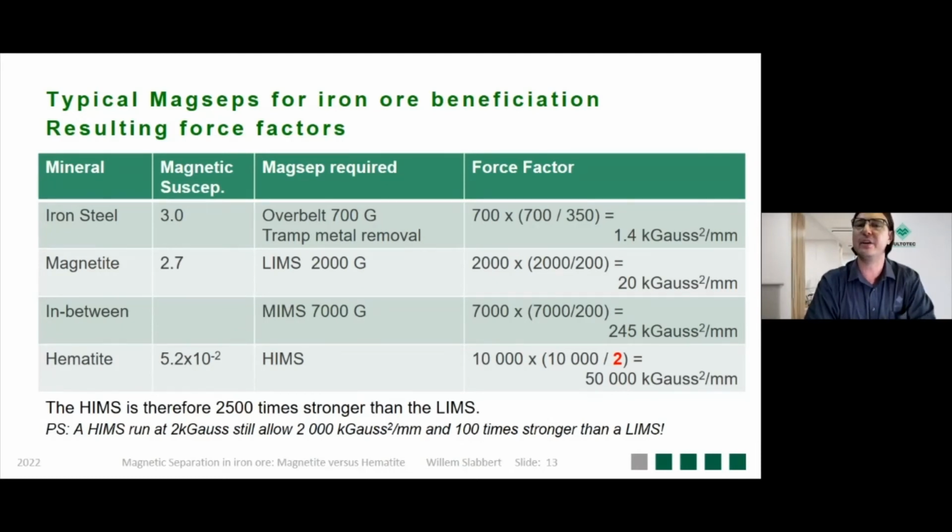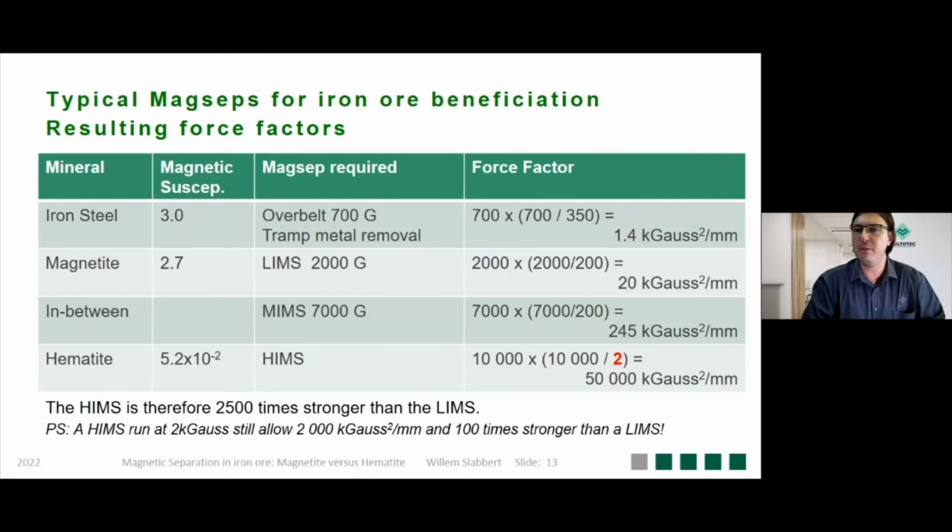That then allows us to calculate the force factor, which is the Gauss 700 multiplied by the Gauss over the distance of dissipation, 700 over 350 millimeters. And we have a resultant 1.4 kilogauss squared per millimeter gradient from a typical overbelt magnet. For magnetite beneficiation, the result is 20 kilogauss squared per millimeter from a 2000 Gauss magnetic circuit.